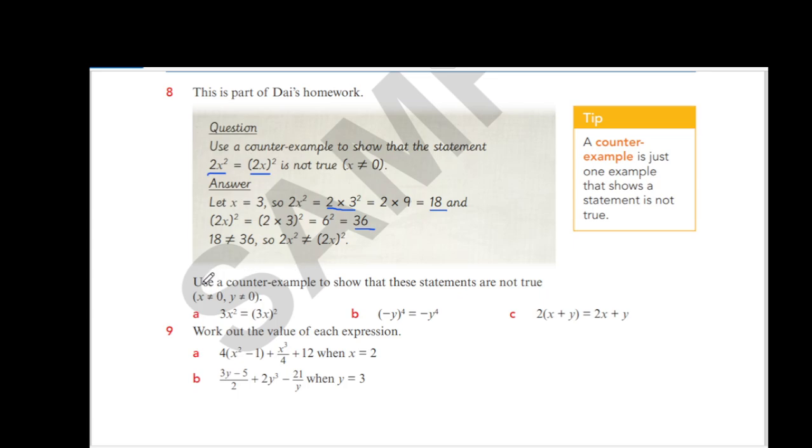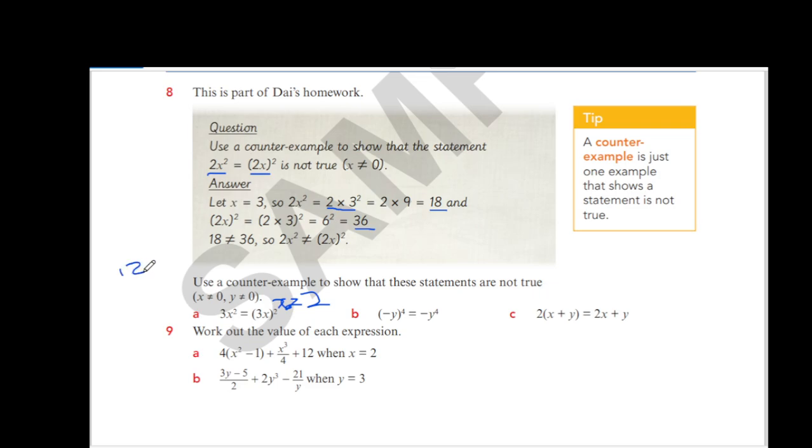So there are some expressions relating to the method Dia has followed. We also have to verify them, and check whether these statements are true or false. So if we take x is equal to 2 in part A, 2 square will be 4, 4 into 3 will be 12.